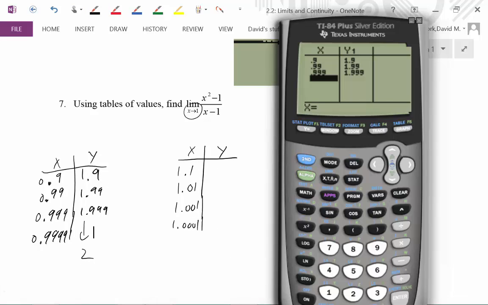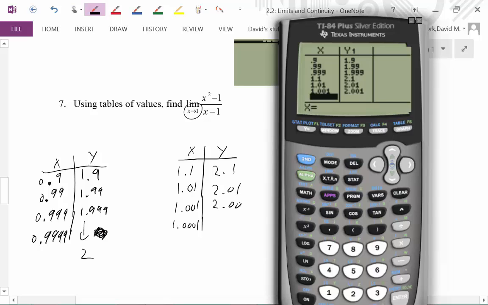So go ahead and type in your values of 1.1. Whoops, excuse me, don't do it on there. Let's try that again. Not right there. Try it in the calculator. Okay. 1.1, 1.01, 1.001, and you'll see that these values all seem to be approaching 2.1, 2.01, 2.001.